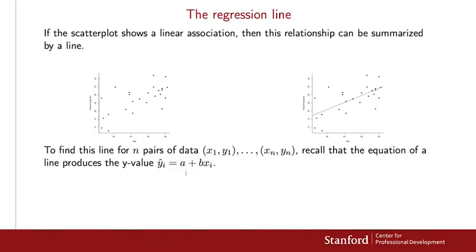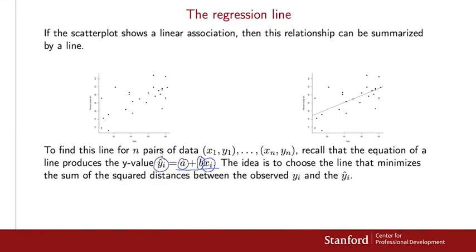Recall that the equation of a line looks like this. You have an intercept a plus a slope b times the argument x. So if we plug in the ith x variable, then the equation of a line gives us a point which we call yi hat. The idea of finding the line is we want to look at those values of a and b that minimize the difference between the point on the line yi hat and the true observed value yi.